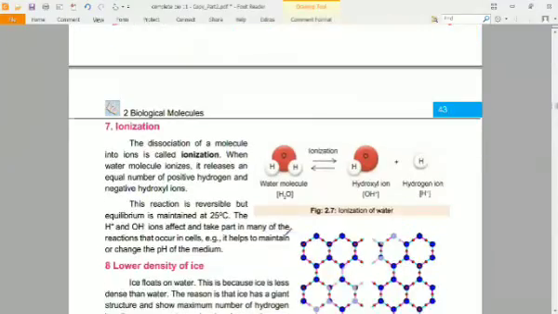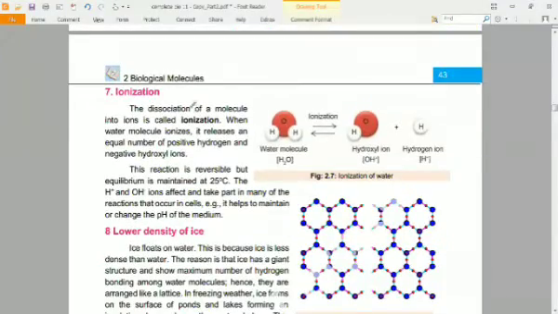Let's talk about the next property, that is ionization. When dissociation or breakdown of any molecule is done, that is called ionization: the molecule is broken down into ions. In water, it releases an equal number of positive hydrogen ions and negative hydroxyl ions.